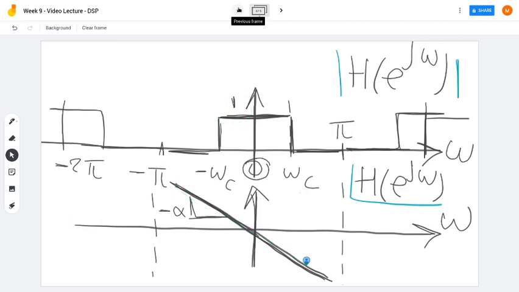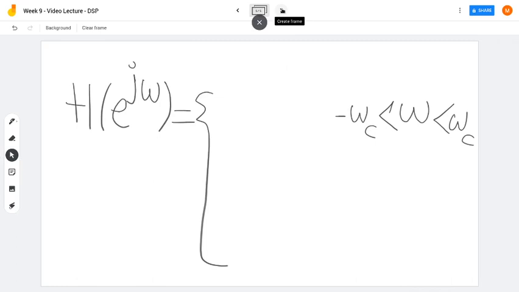It's a straight line with a slope minus alpha, so the equation would be minus alpha times omega. So it will be a complex number whose gain is 1 and whose phase is minus alpha omega. So it's simply e to the negative j alpha omega.